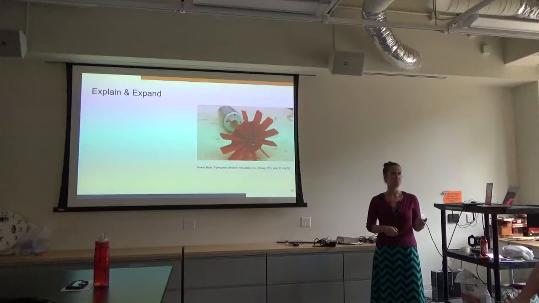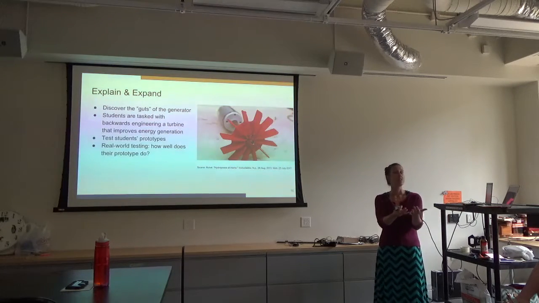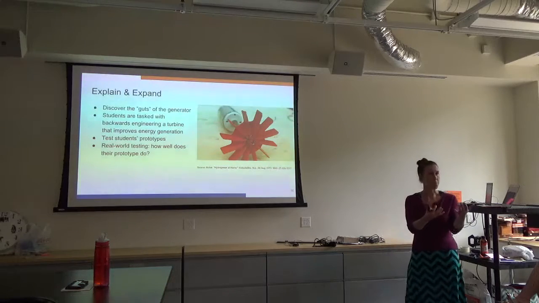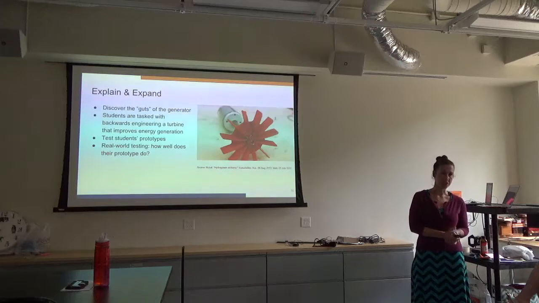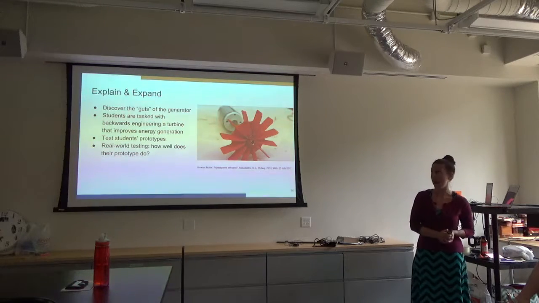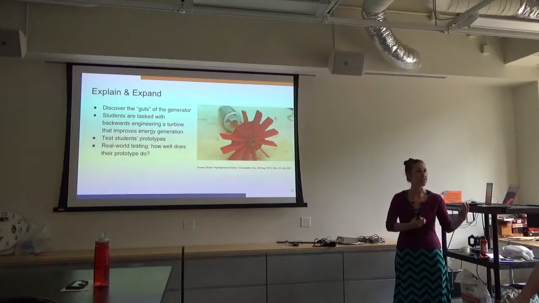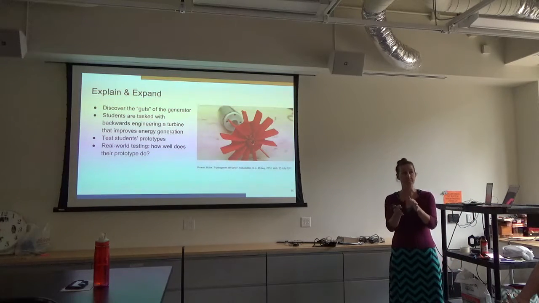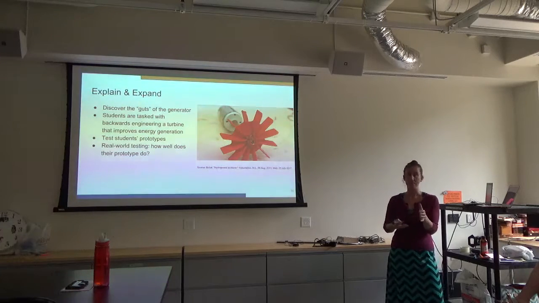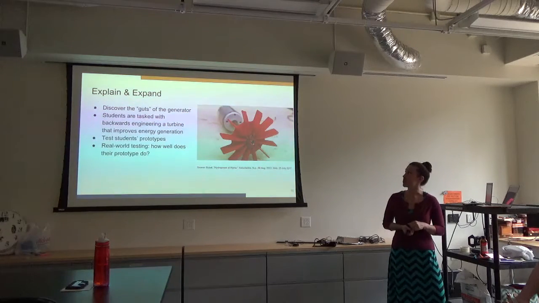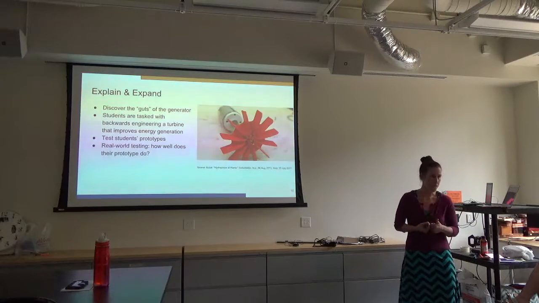So the assignment would end up being taking the generator that they deemed more useful or better applicable, and using that as a way to adjust the turbines so that they can generate more power. So having them discover what's in the guts of the generator, not having them build the DC battery or motor, but actually having them take the turbine and then redesign it so that if they had to use this in the real world, how would their prototype do?